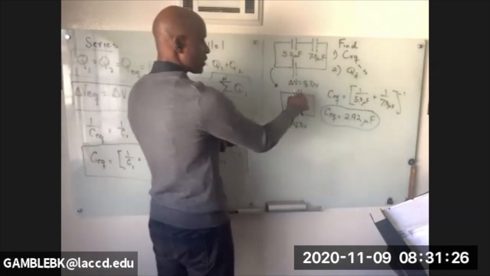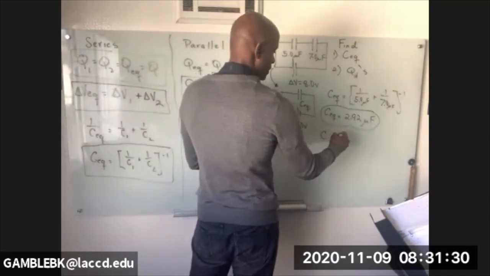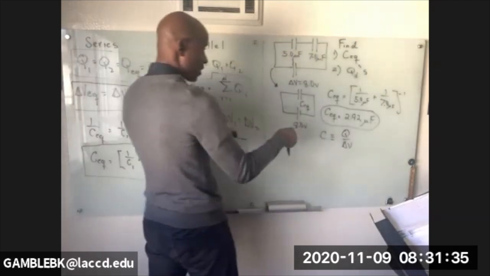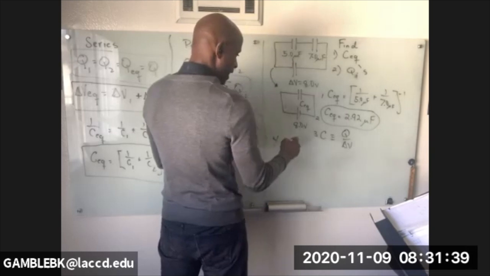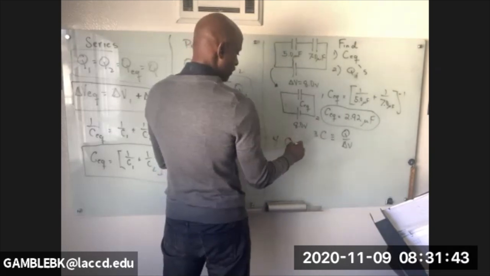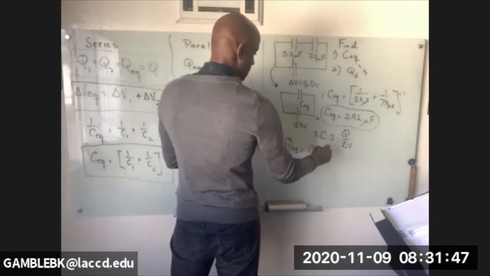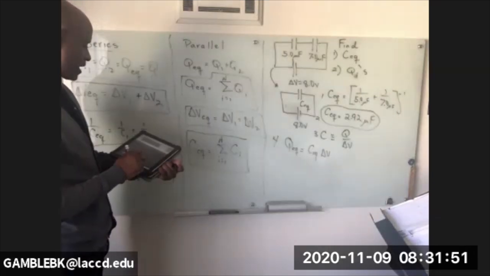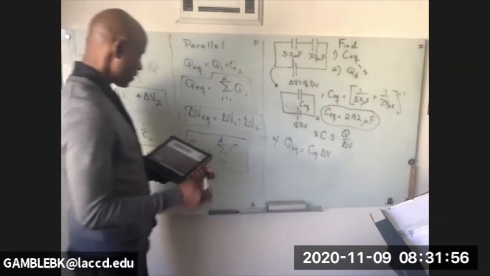You get the charge on the equivalent capacitor using the definition of capacitance, C is equal to Q over delta V. So I would solve that for Q. The Q equivalent is going to equal C equivalent times delta V, so that's the 2.92 microfarads times 8 volts. In this case, just multiply by 8.